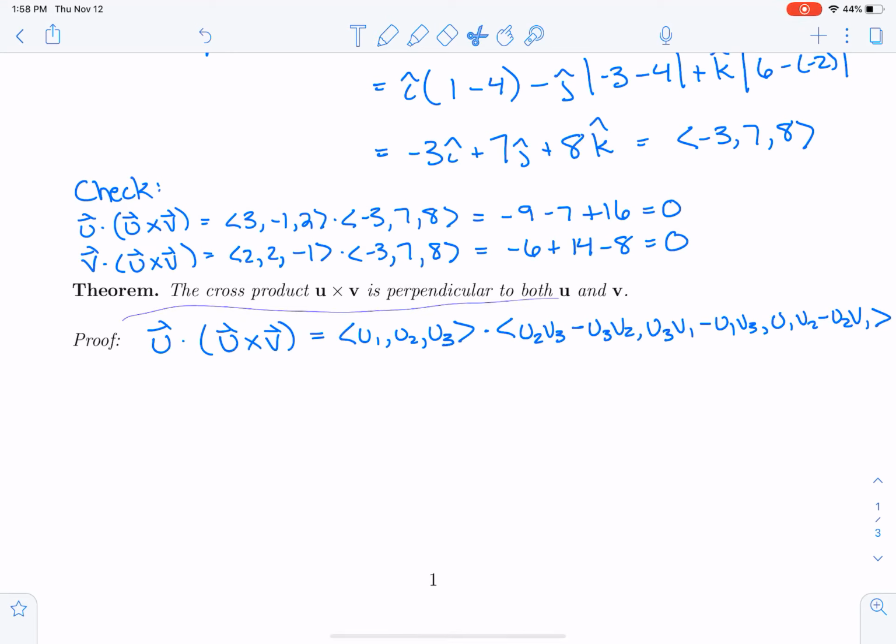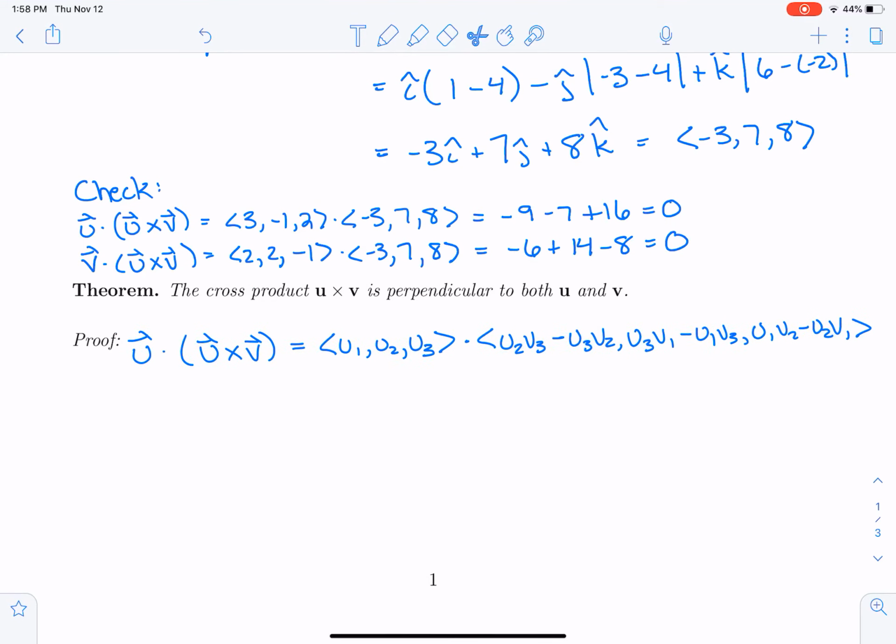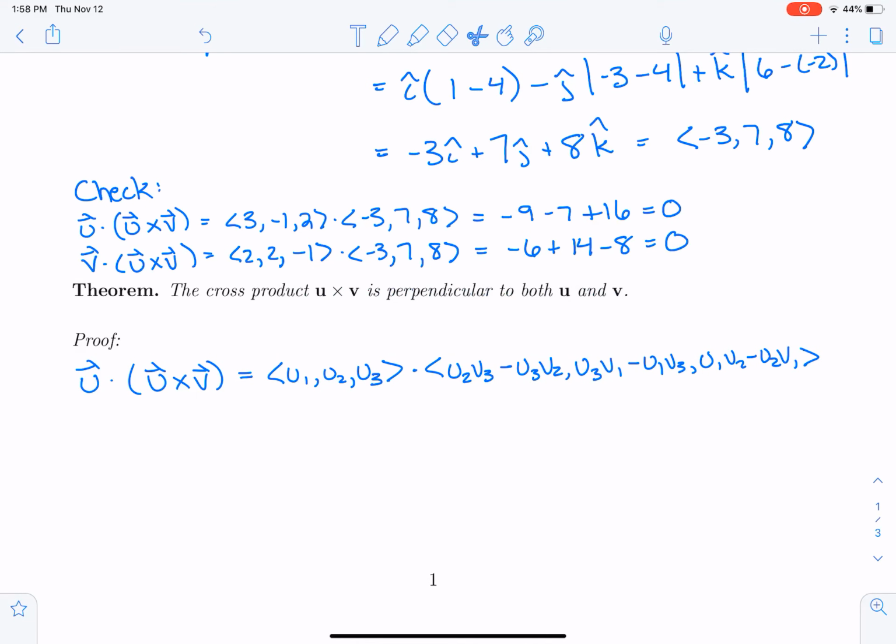So that is what I want to compute for my dot product. Put it right there. So what does that equal?